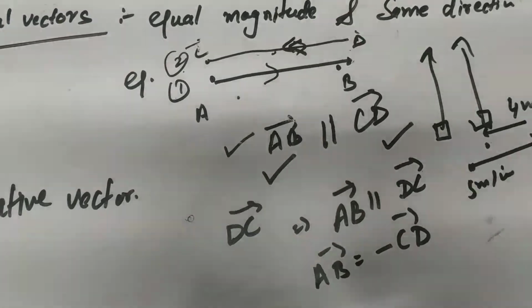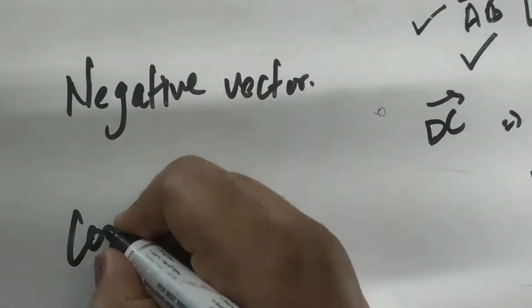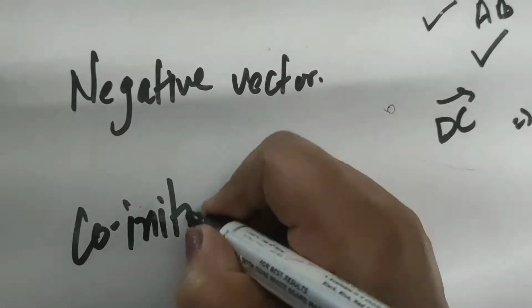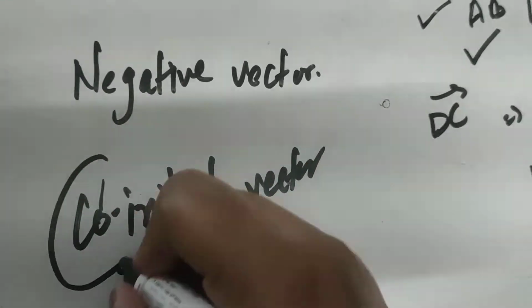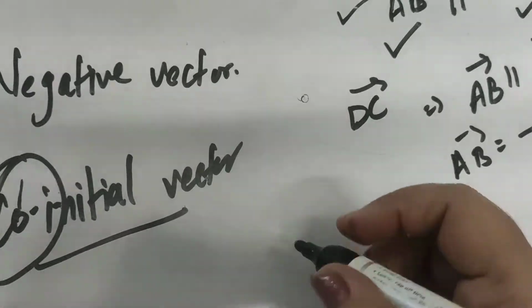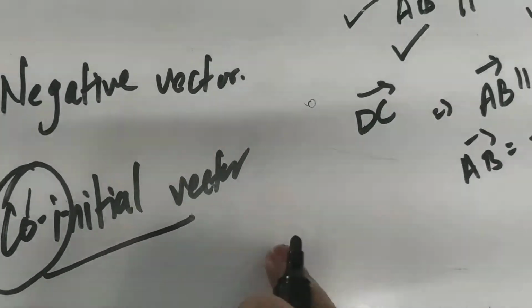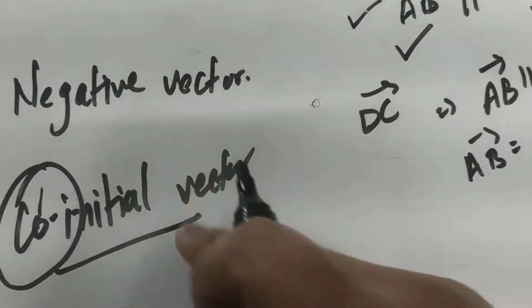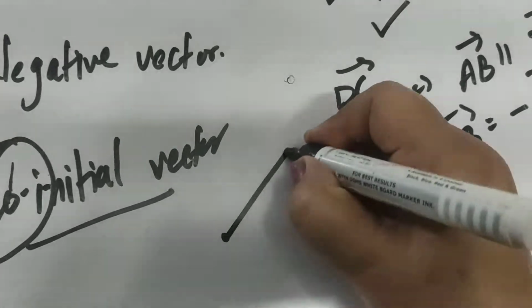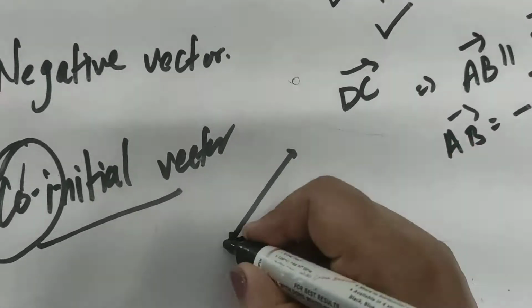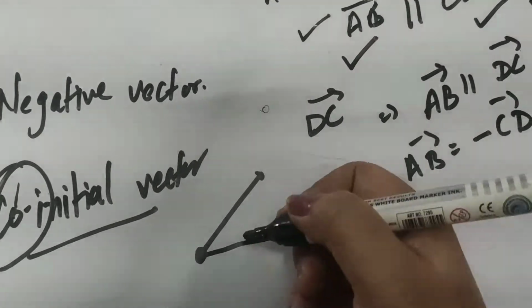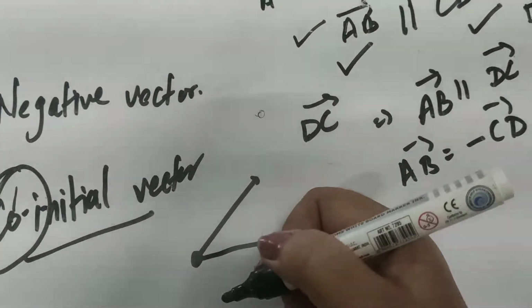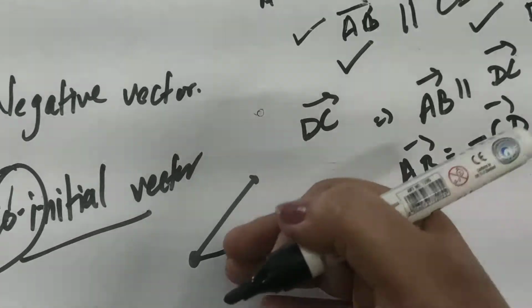Next, let us talk about co-initial vectors. Co-initial, as the name explains, means co, at the same moment, and initial means starting point. So when two bodies are moving from a common first point, such vectors are known as co-initial vectors, or we can say the vectors have a common initial point.